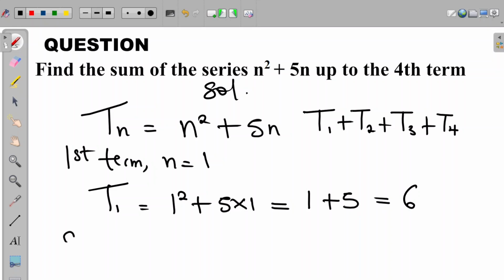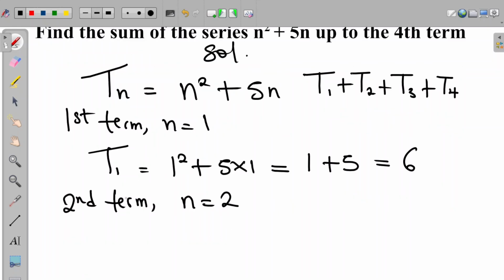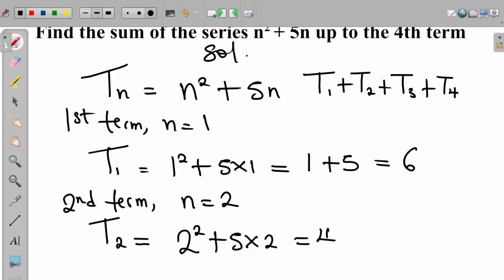Again, for the second term, we have it that n is equal to 2. Thus, t subscript 2, which is the second term, is equal to 2 squared plus 5 times 2. 2 squared is 4, plus 5 times 2 is 10. So therefore, 4 plus 10 is equal to 14.